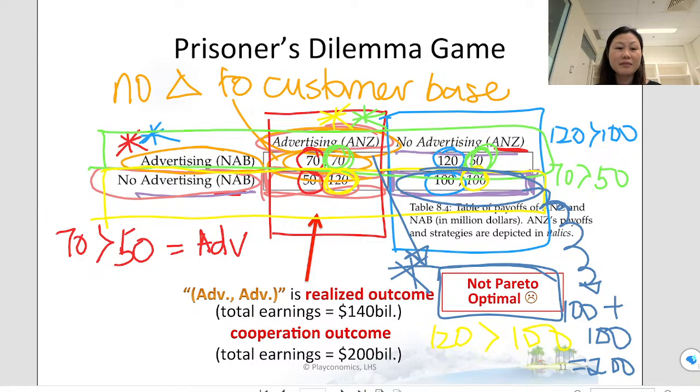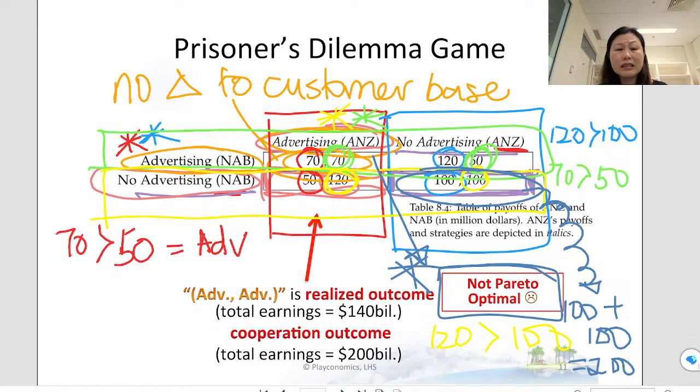The impact is the same in terms of the number of customers that you have, the number of clientele that you have. In this particular game, advertising is a wasteful activity that is not particularly helpful for anybody. However, there is a big tension.